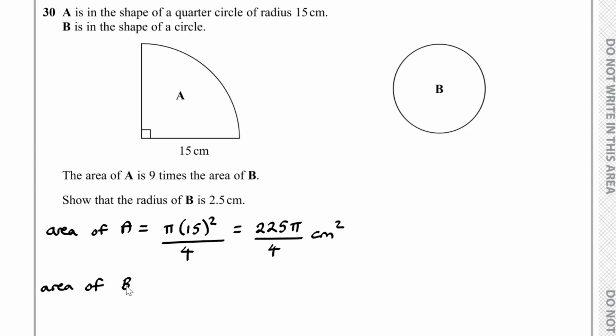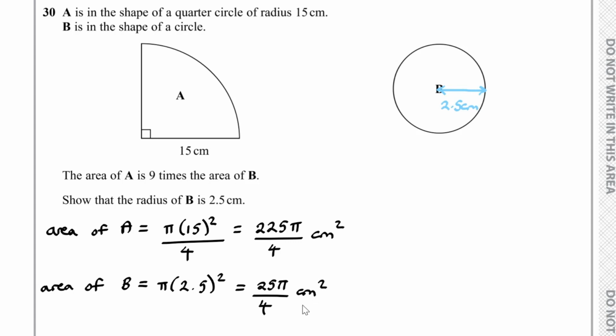The area of B, that's equal to, well, if we assume that we have a radius of 2.5 centimeters, let's just add this on. So if here we've got 2.5 centimeters, we have over here pi times by 2.5 squared, which is equal to 25 pi over 4 centimeters squared.